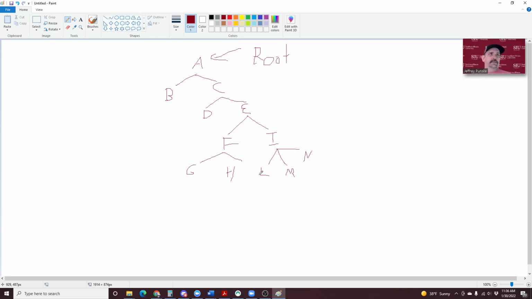Now, just a few things with branches. By rule, branches do not cross each other. Now, sometimes you might see a poorly drawn tree. So let's say we have a tree like this, where someone is trying to break this and just poorly draws the tree.